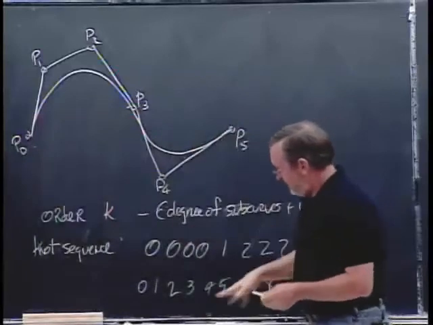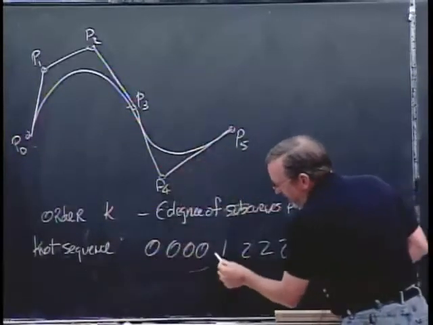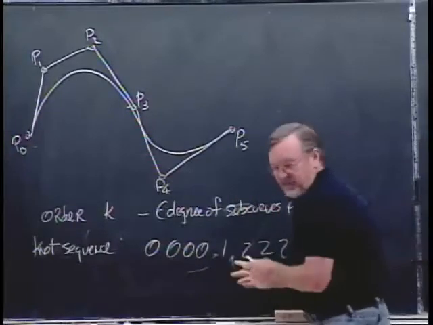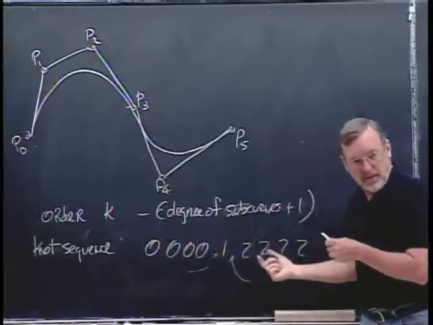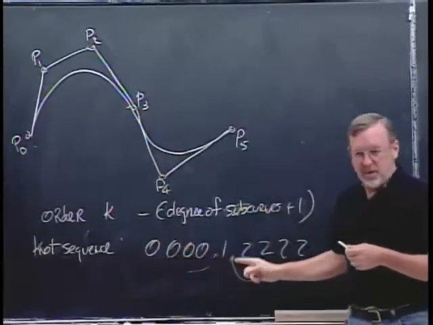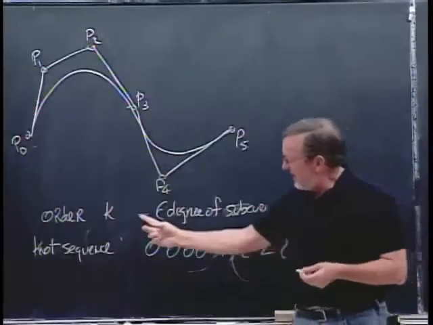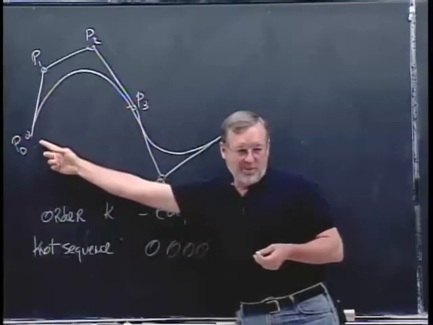In this sequence right here, can you see that here's your piece lying between 0 and 1, and the other piece lying between 1 and 2? And when you repeat the knots k times, it forces it to go through the endpoints.